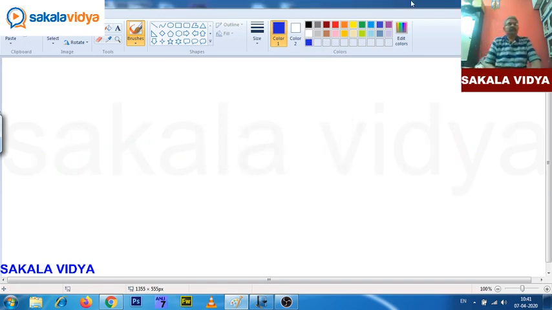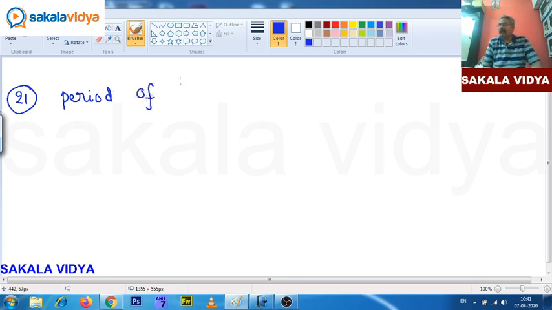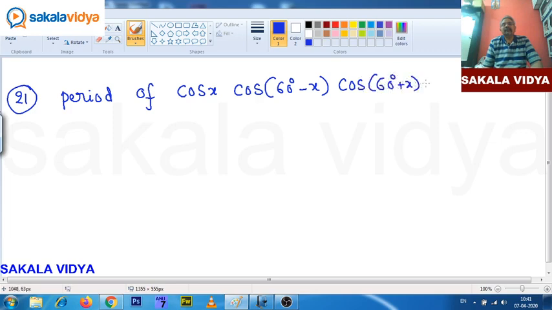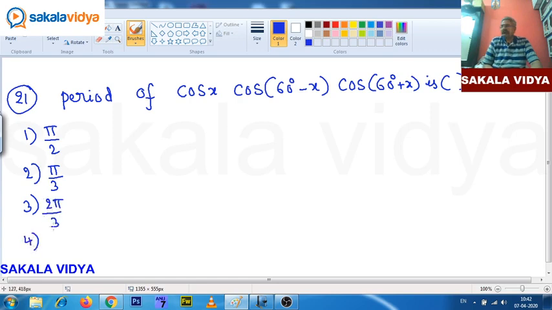So question number 21. Period of cos x cos 60 minus x cos 60 plus x is: first option pi by 2, second option pi by 3, third option 2 pi by 3, fourth option we have pi.